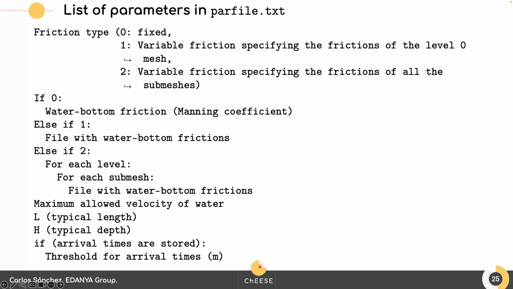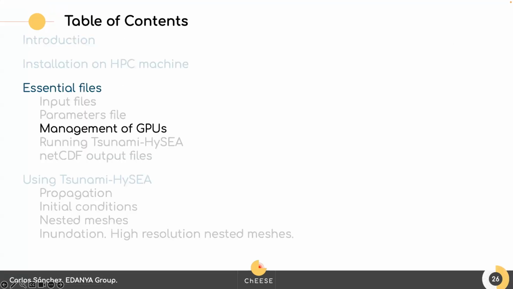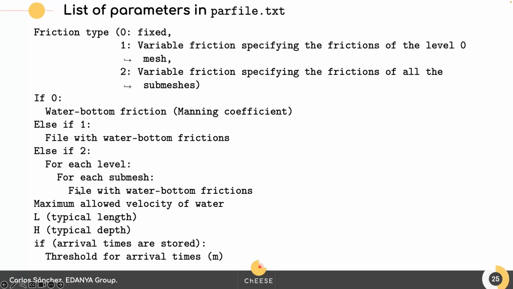Okay, but in this course, in this example, we will use just fixed friction, a Manning coefficient fixed for all the levels or all the grids. Okay. What more? After that, you can just put the other standard numbers, such as the maximum allowed velocity for the water, the typical length, the typical depth, and if you are going to store arrival time, you can also specify the threshold for considering arrival time in meters.